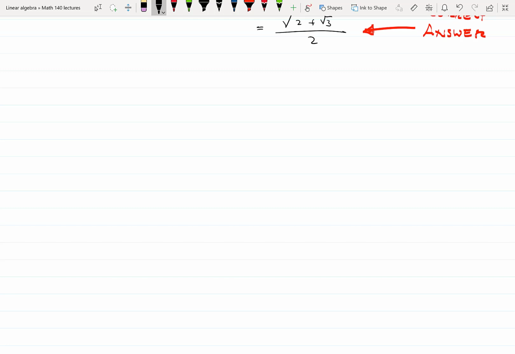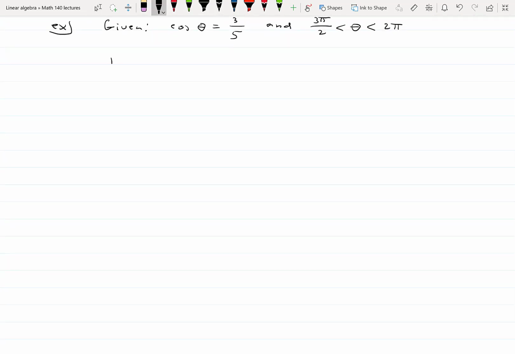Okay, so here's our final example, and it contains a common mistake too. We're given the cosine of theta equals 3/5, and theta is between 3 pi over 2 and 2 pi.